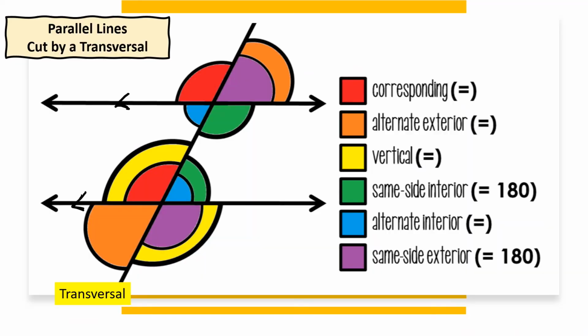The first thing we're going to review before we get started is parallel lines cut by transversals. And so we have our transversal here because it intersects those two lines, and then we have the parallel lines, and this is denoted by the parallel line markings here. We're looking at corresponding angles.